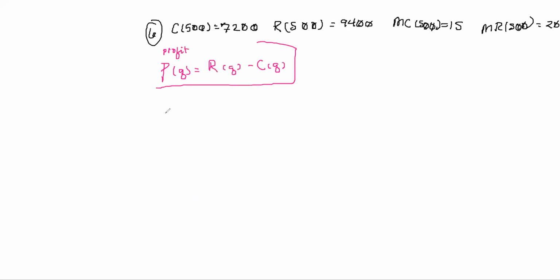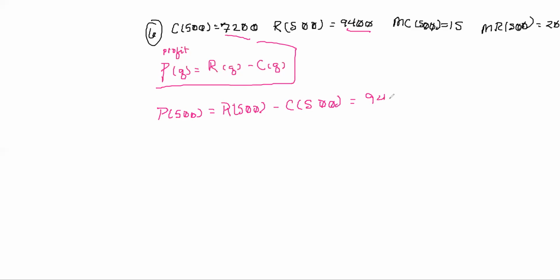In this case, we're asking for the profit or loss at Q equal to 500. So finding P of 500 means that I need to get R of 500 minus C of 500, which is going to be these numbers here.